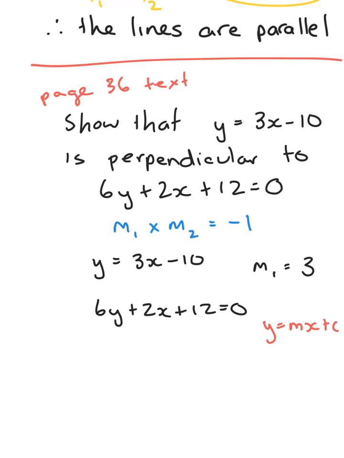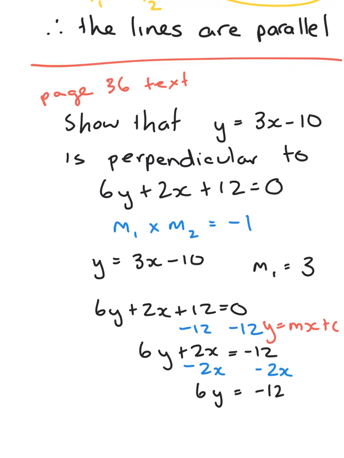I begin. My first step will be to subtract 12 from both sides. 6y plus 2x equals -12. Next step, I will subtract 2x from both sides, giving 6y equals -12 minus 2x.